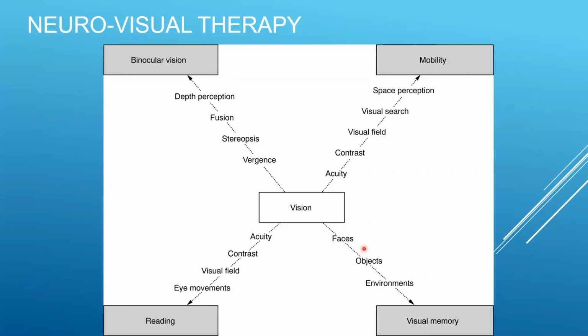Knowing about faces or objects or environments and where things were in space. And again, eye movements in certain aspects of the visual field, all of these are things that can be associated with improving the coordination and the timing and everything of the brain.